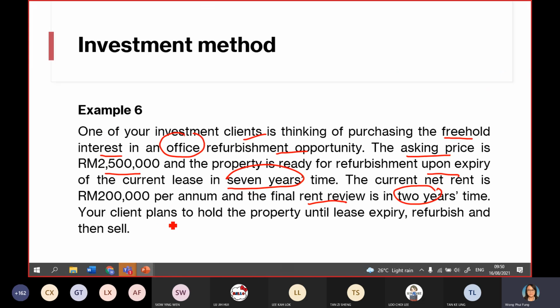All right, so your client plans to hold the property until the lease expires, refurbish, and then sell. So your client plans to take over the building first, wait until the lease expires, refurbish, then sell. This one is very important. Remember, at the end, he wants to sell.